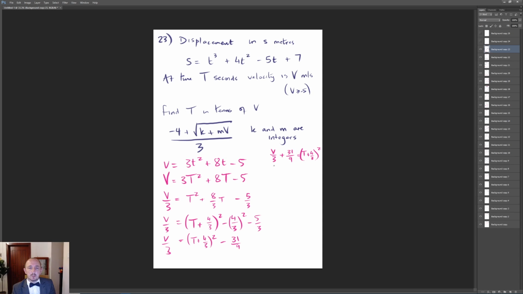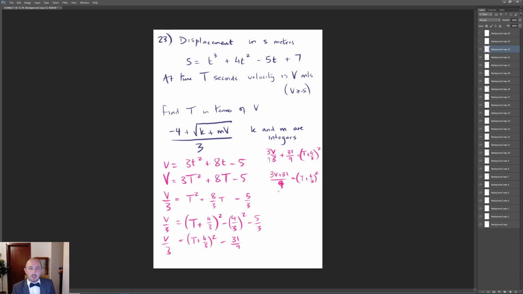We need a common denominator, so we're going to times by 3 and put that over 9. So we've got 3v plus 31 over 9 is equal to this thing on the right. And then we are going to square root this.